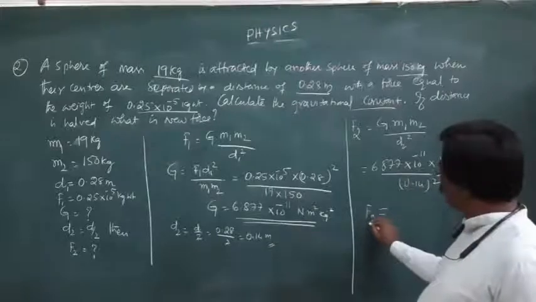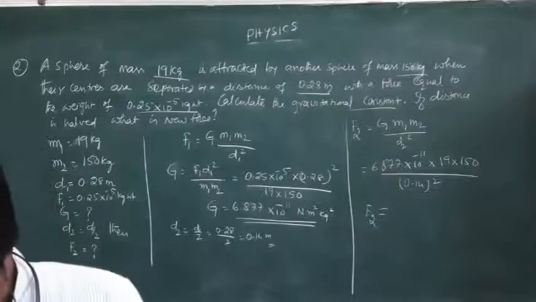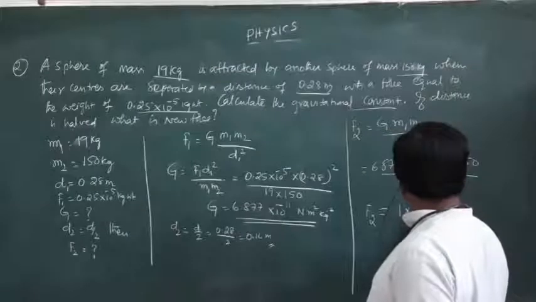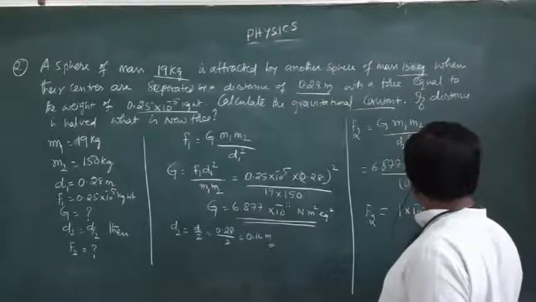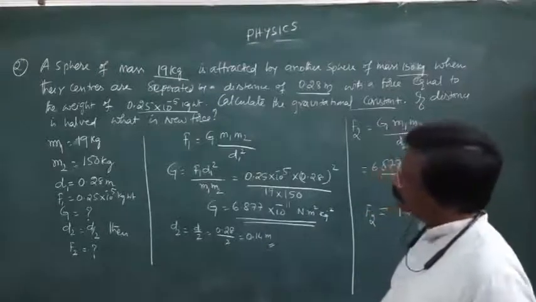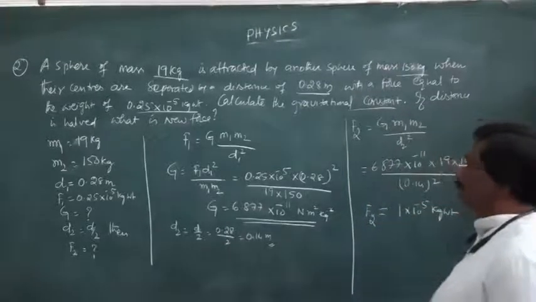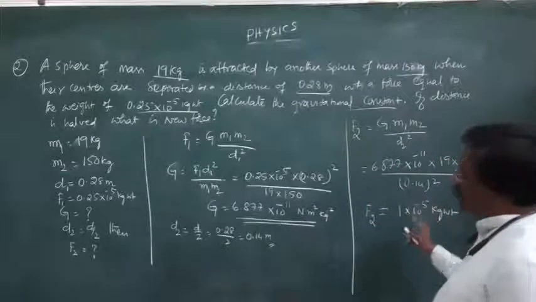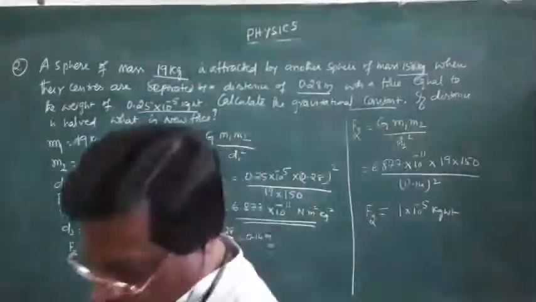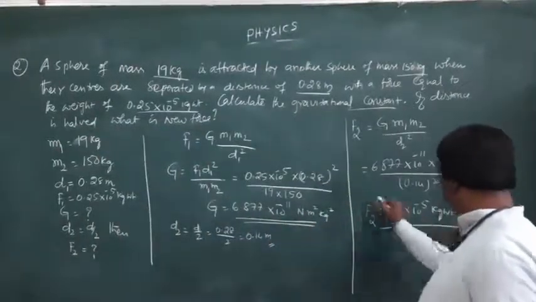This will be the new force. The new force works out to be 1 into 10 raised to minus 5 kg weight. The first force is 0.25 into 10 raised to minus 5 kg weight, and the second is around 1 into 10 raised to minus 5 kg weight. So this will be the answer.